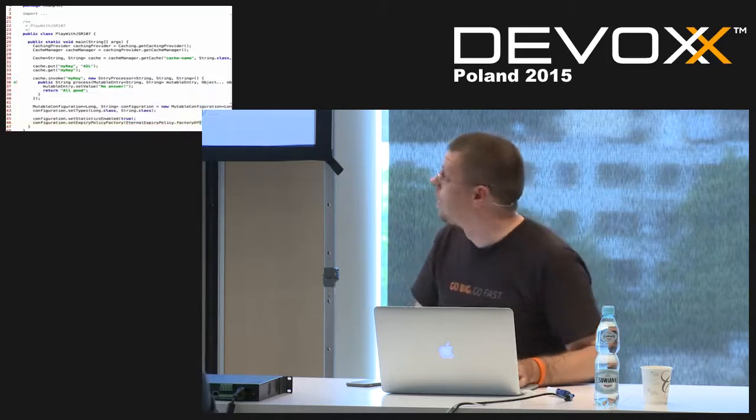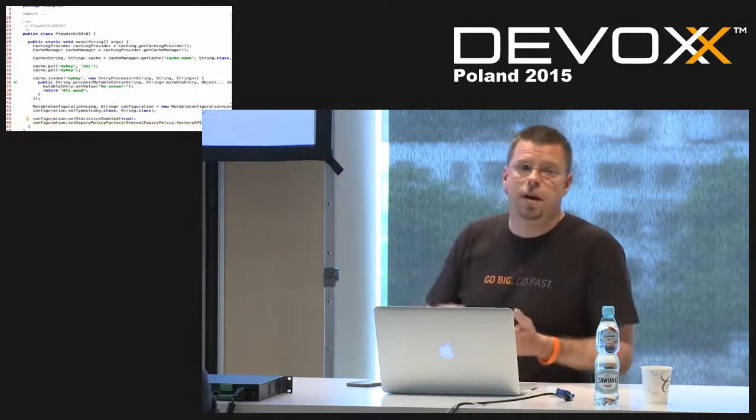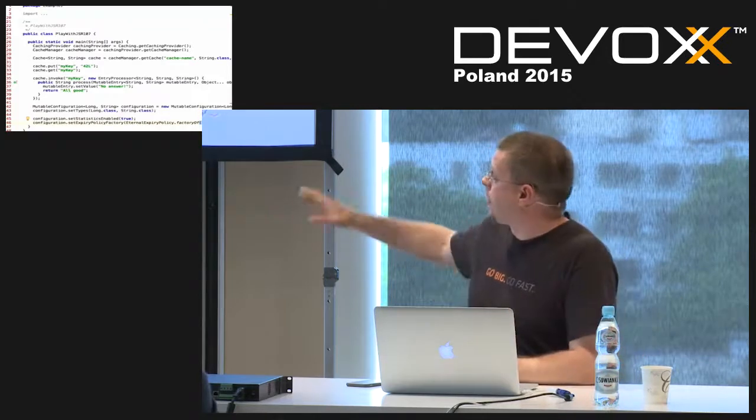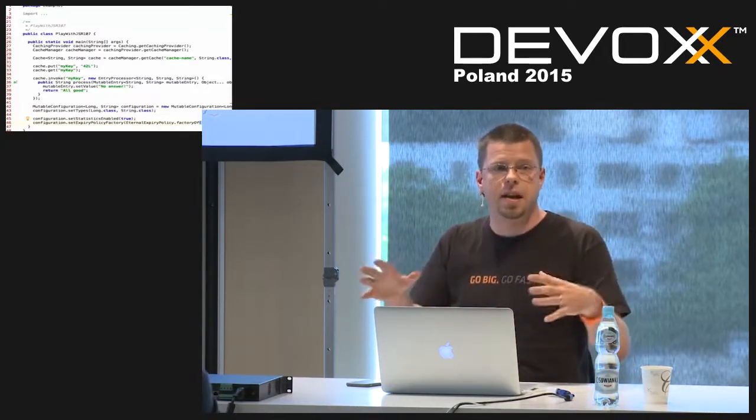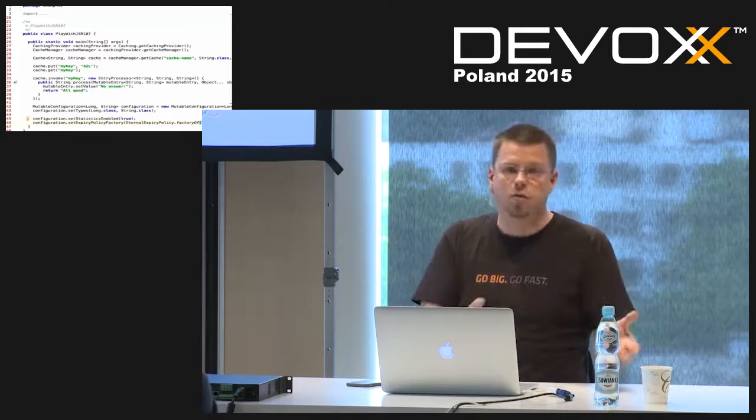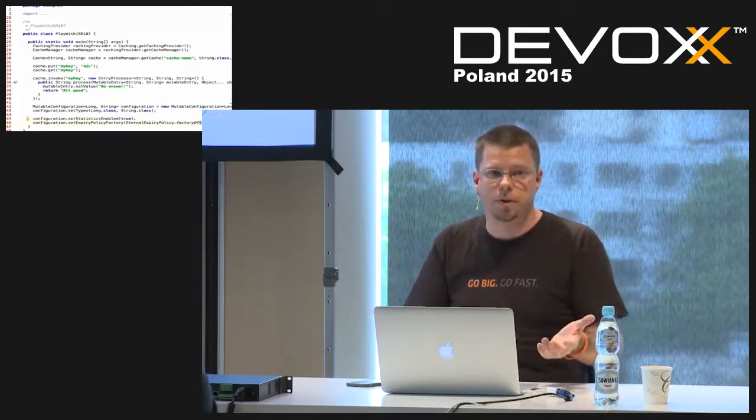Sorry. So for example, here it's an eternal expiry policy, which is the default. And so you'll find a number of them provided, but otherwise you've got DSL-like constructs to build a factory out of a custom expiration that you want to use.